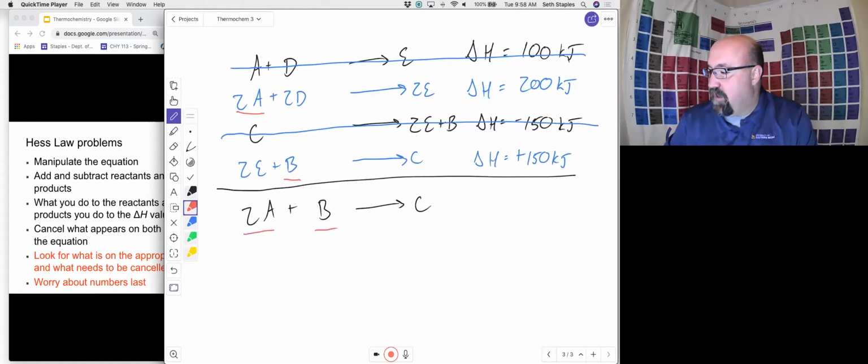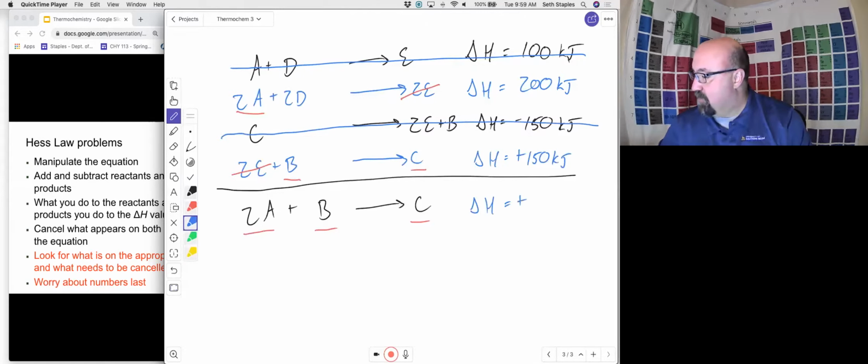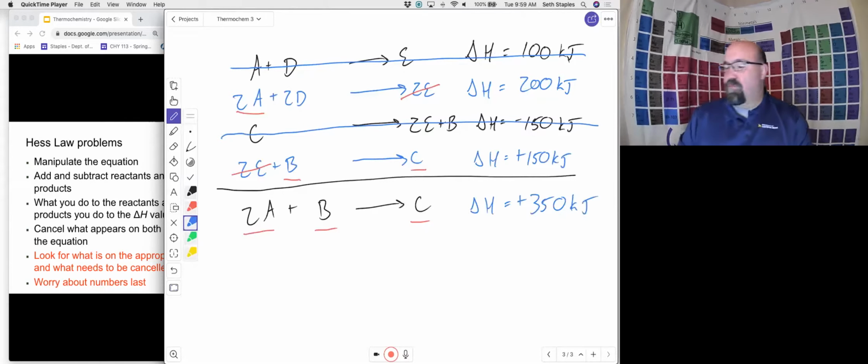B in our reactant side, so that's good. C on our product side now, so that's good. Our 2E cancels out, so we have 2E in our reactant side and 2E in our product side. So we've done all the equation manipulating that we have to do. So we would finally just add these up, and our target would have a positive enthalpy of 350 kilojoules.